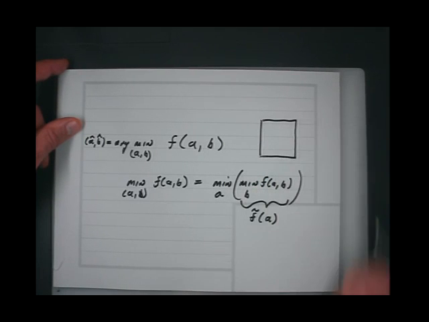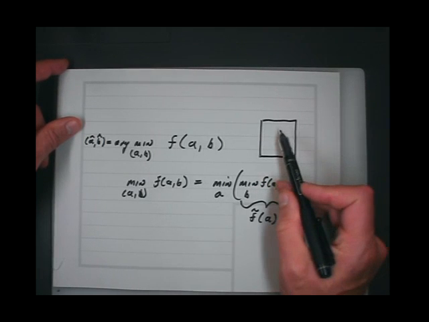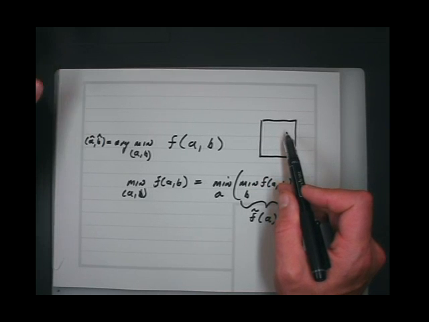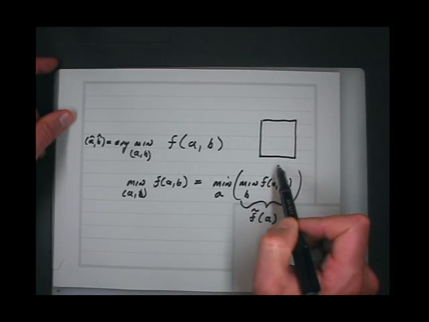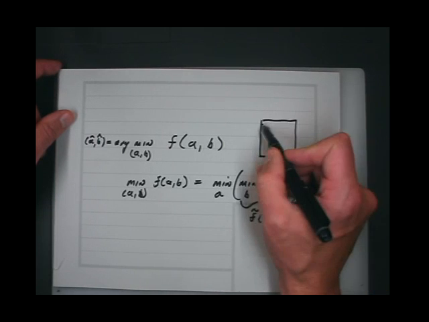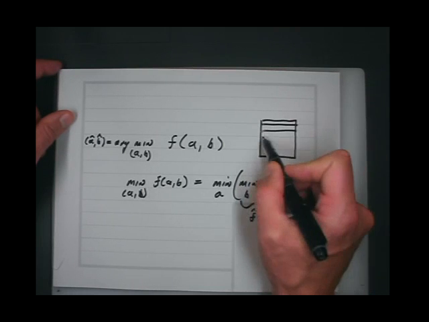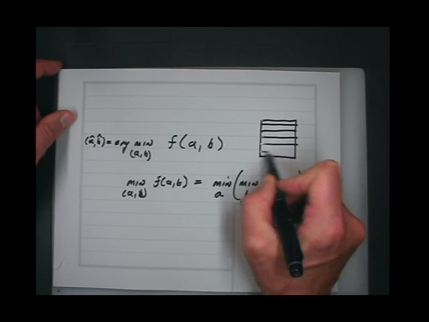If I want the minimum value in a matrix, there are a lot of ways I can do it. One way is to search through all the rows and columns and just find the minimum. But another thing I could do is this. For every row, I could find the minimum value along that row.